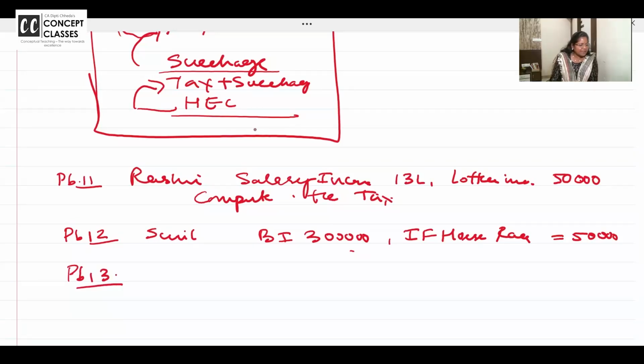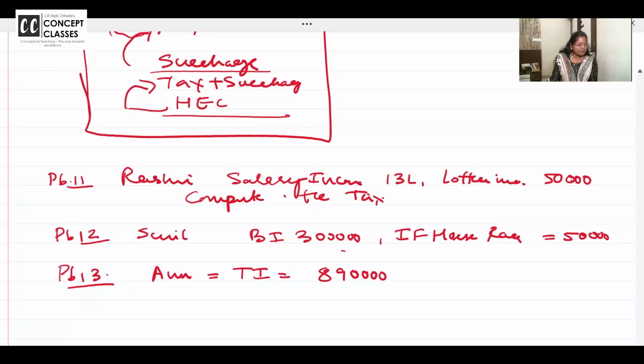Problem number 13. Anun. Total income 8,90,000 from interest income या कुछ भी.